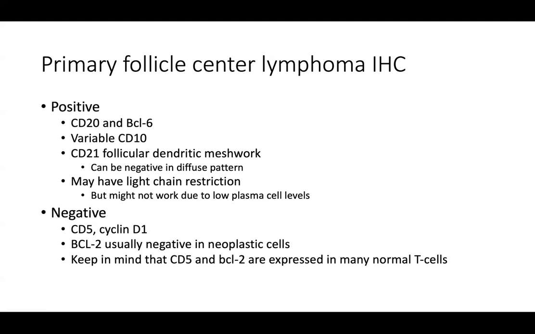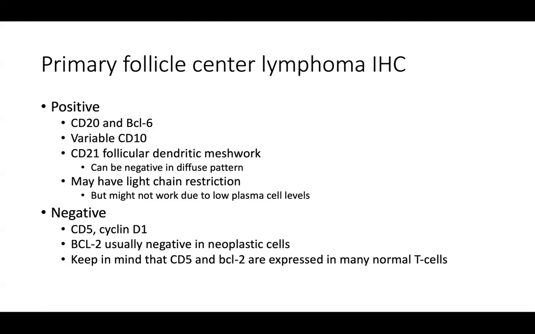Which stains are negative? CD5 is negative usually. Cyclin D1 is usually negative. Those are the stains that you're going to be looking at for mantle cell lymphoma. BCL2 is usually negative in the neoplastic cells. However, keep in mind that BCL2 can be expressed in many normal T cells. And in fact, it could be expressed in systemic involvement of a follicular lymphoma to the skin.